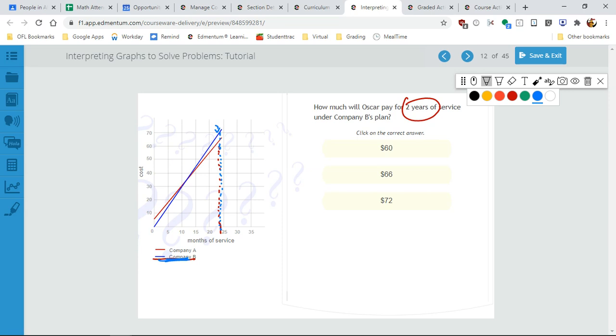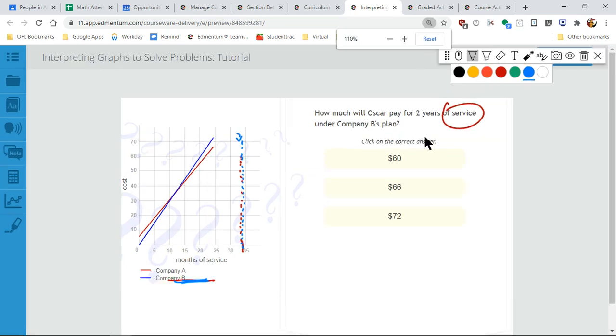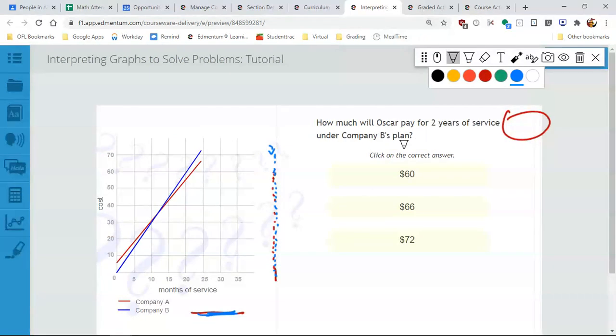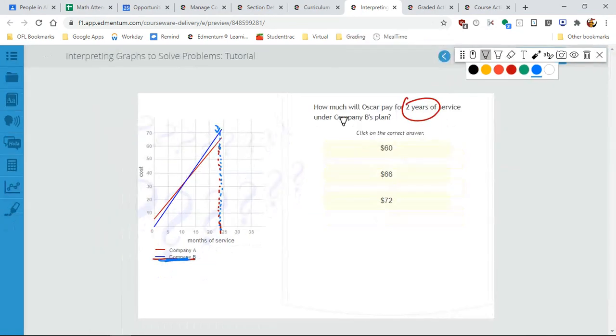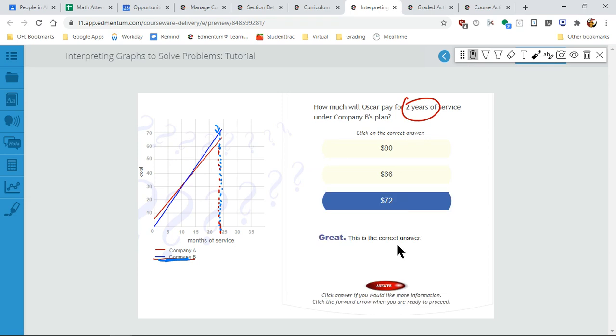Let me see if I can zoom in. I can zoom in, but it messes up this. I can see right here it's a little bit above that 70 mark. Let me zoom back out. So I'm going to say it's a little bit above 70, which is 72.